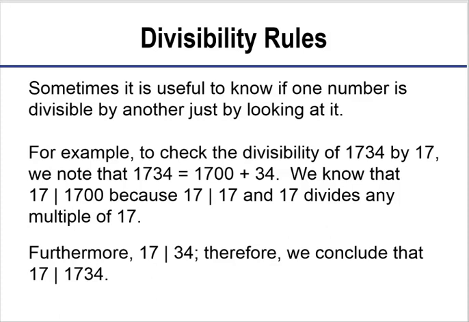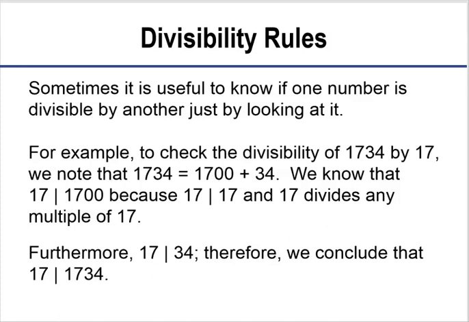Sometimes it's useful to know if one number is divisible by another just by looking at it. You know, it saves a lot of time. So, for example, to check the divisibility of 1,734 by 17, you can break it up into 1,700 plus 34. We know that 17 divides 1,700 100 times, right?